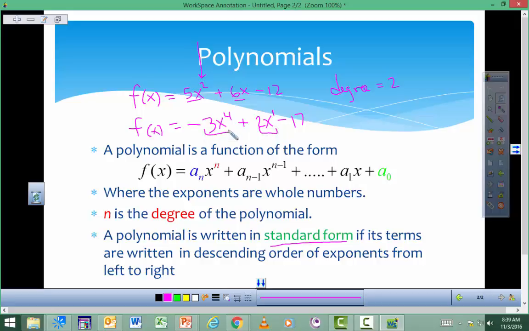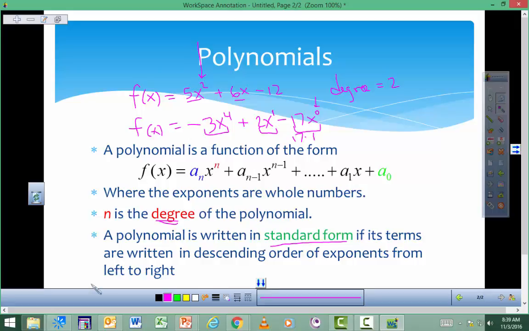The degree of this one is 4. The degree of this one, you can think of this as having an x to the 0 on there, because we found out yesterday, what's x to the 0? 1. So this is the same thing as 17 times 1 here. And so the degree of this monomial, we'd say, is 0. So each monomial has a degree, but the degree of the polynomial is the one that's the biggest of the whole group. Does that make sense?